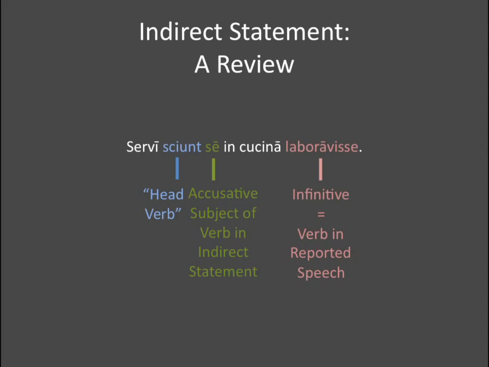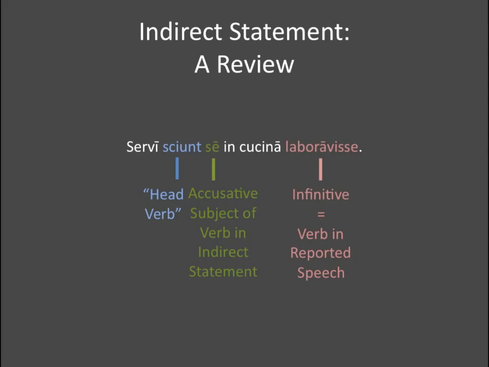There is also an infinitive laboravisse. Because sciunt is active, we need an accusative subject of laboravisse, and the pronoun se offers itself to fill this role. When the subject of the main verb is also the subject of the infinitive in the indirect statement, the reflexive pronouns will be used as the accusative subject of the infinitive.